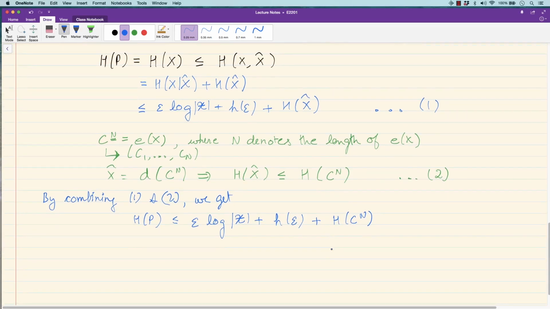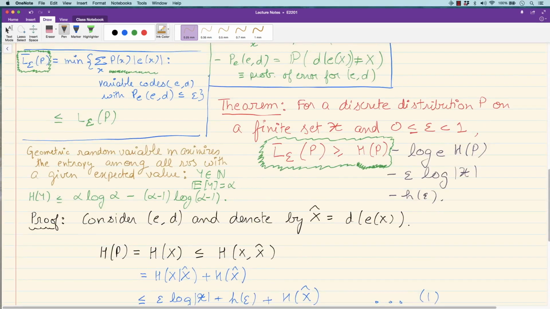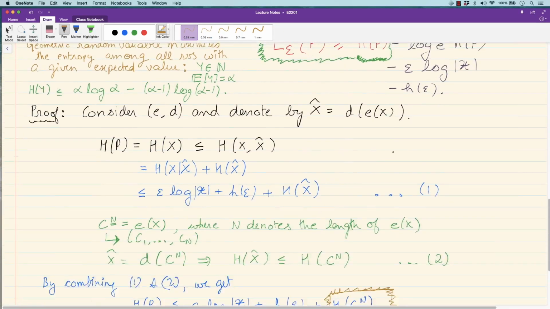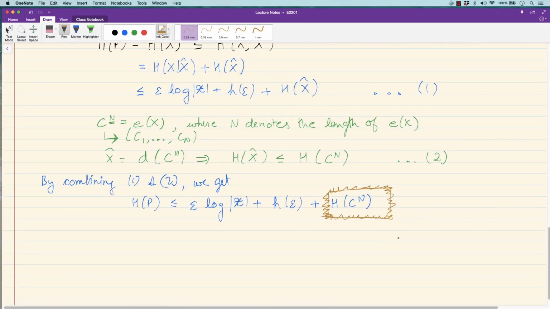Once again we only have to bound this h of Cn. You notice that this epsilon log cardinality of x plus h of epsilon we have retained as an error term. So we just have to show that h of Cn is bounded above by something. So h of Cn can be bounded above by h of n comma Cn.